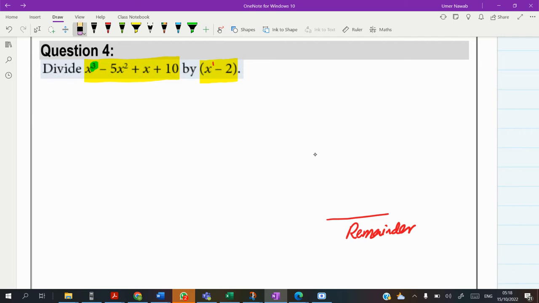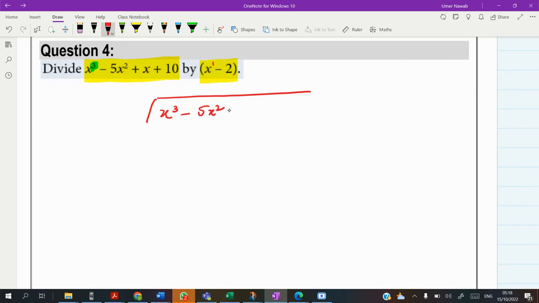Now, I'll do my long division and write the cubic polynomial in the division area where we always put the divisor.